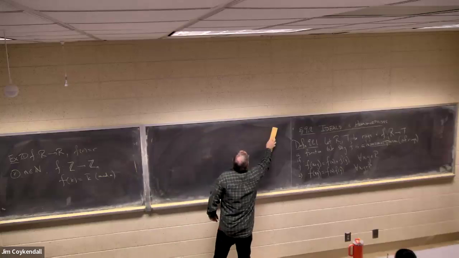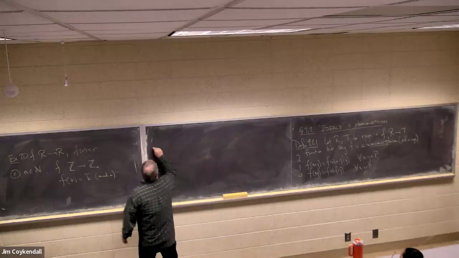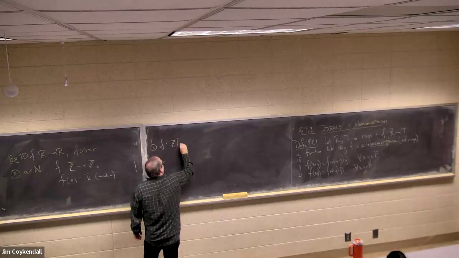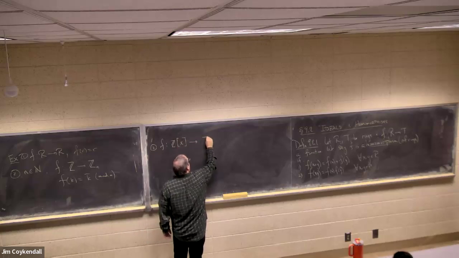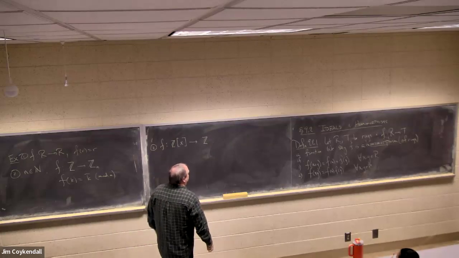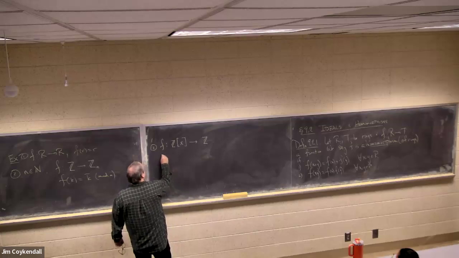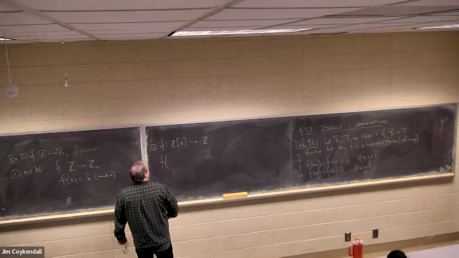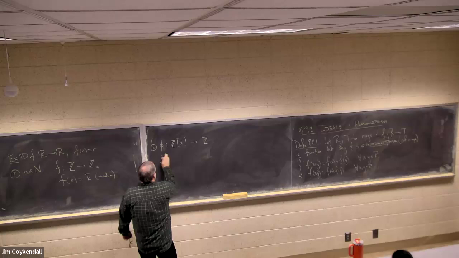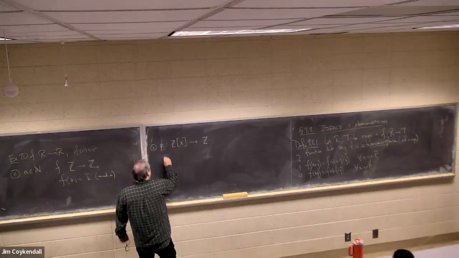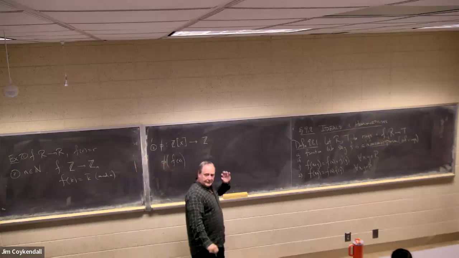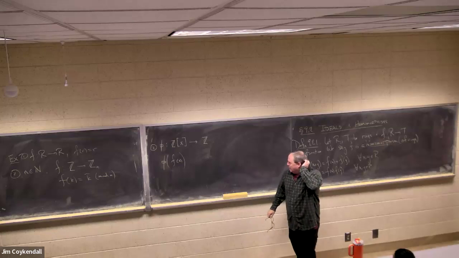Here's another good example of a ring homomorphism that I'm digging on. Actually, I'm going to call this one P. Can anybody think about a way to do this?